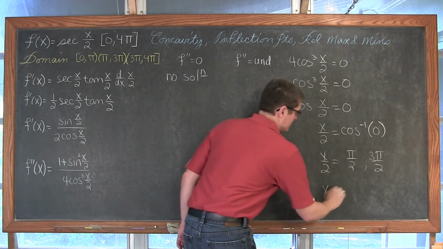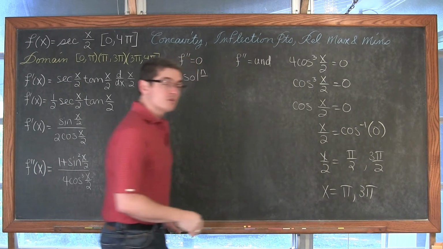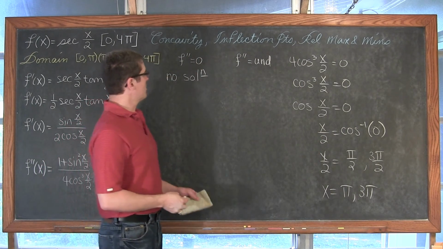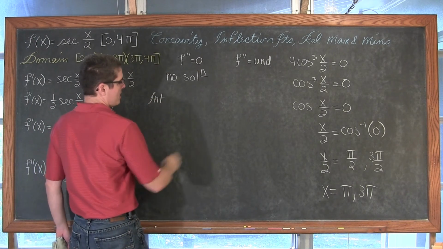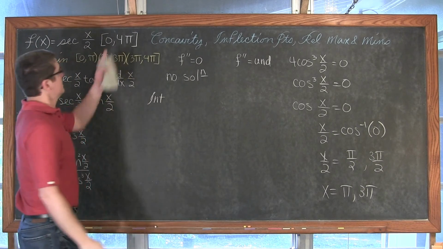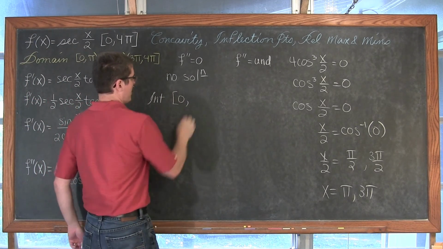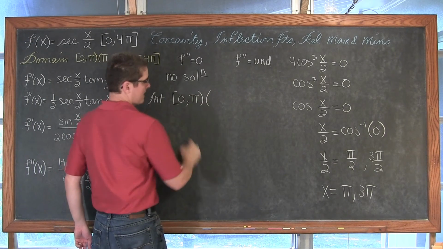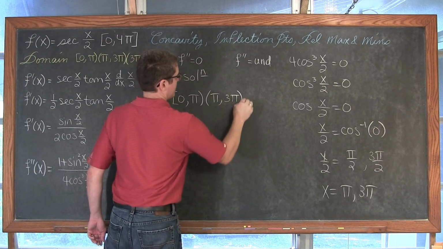Multiply both sides by 2 and we get pi and 3 pi, which means our test intervals that we're going to work with go from, I was going to say negative infinity, but our domain starts at 0. So 0 to pi, and from pi to 3 pi.